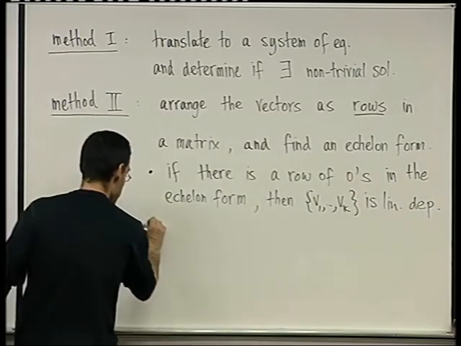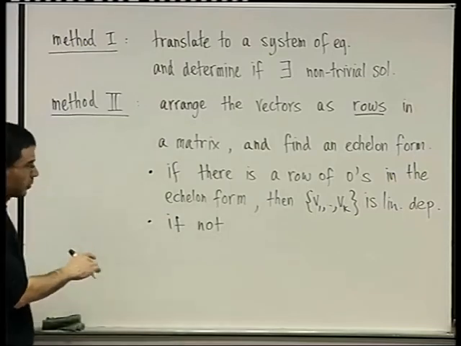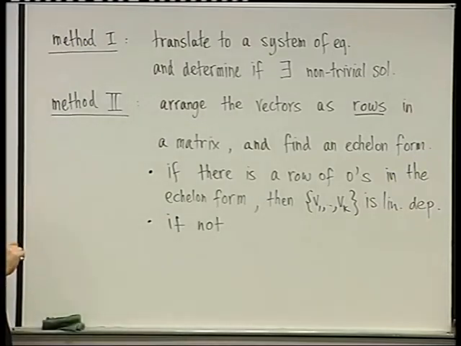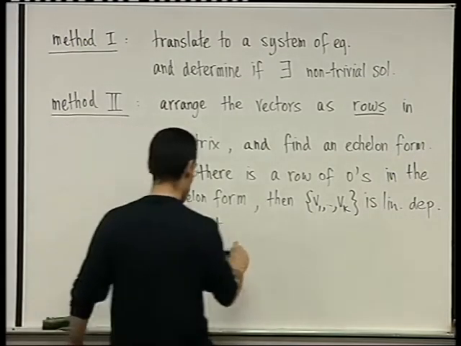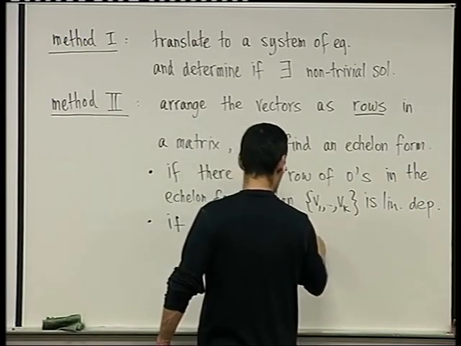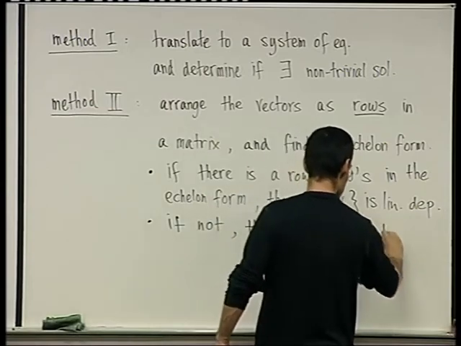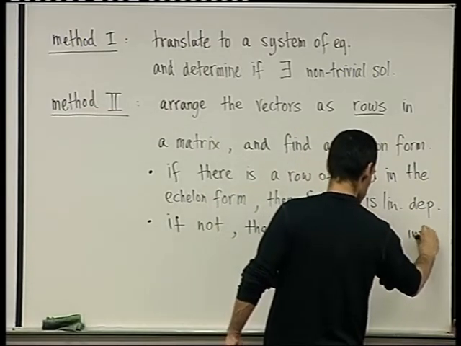And if not, if in the echelon form there's no row of zeros, then v1 through vk is linearly independent.